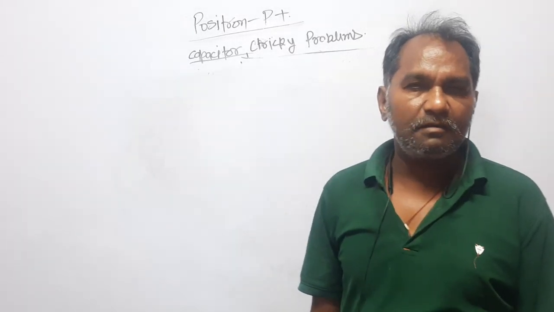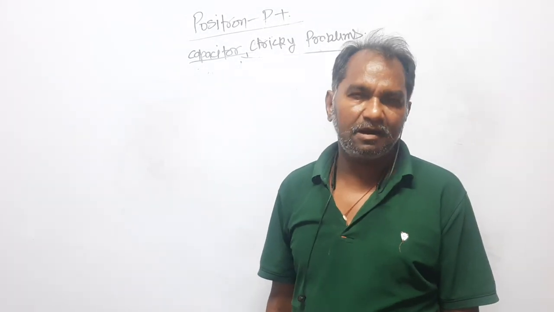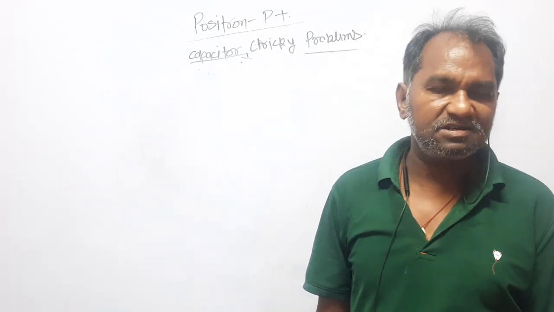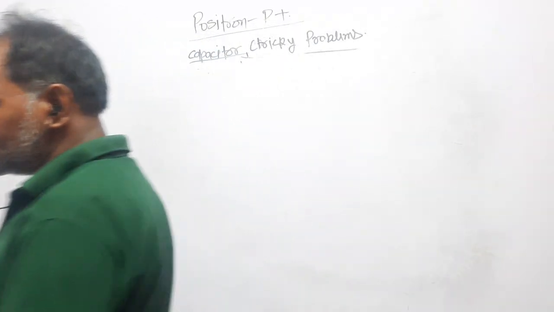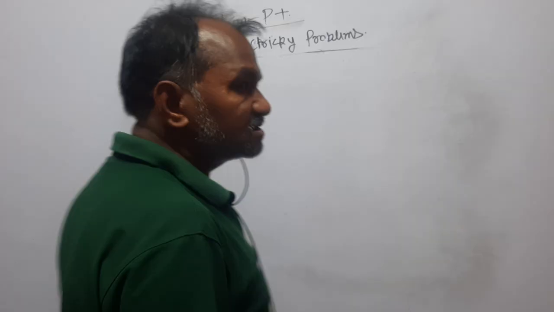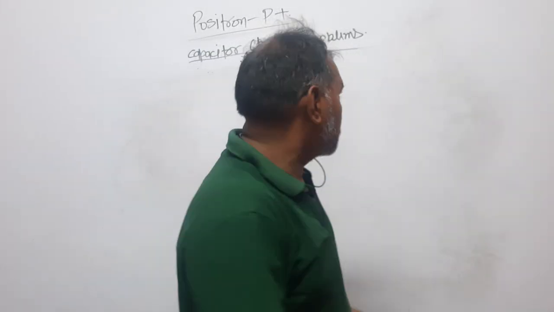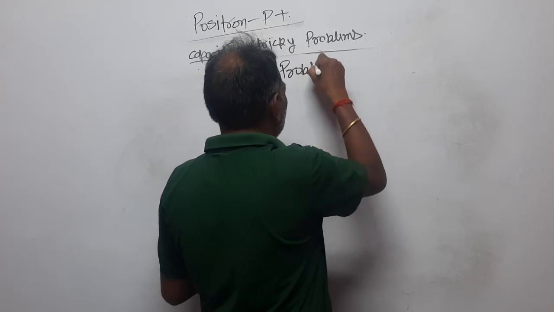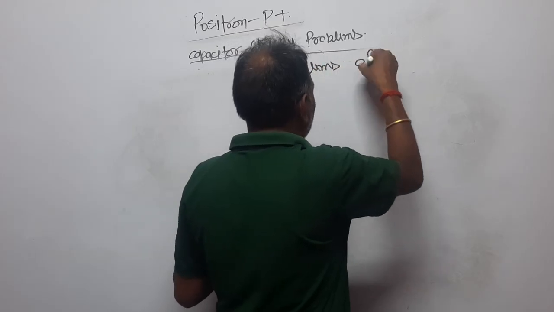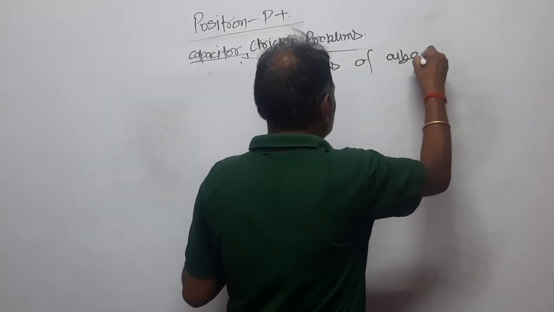Since the last few days I'm making videos on the capacitor, and I have already posted 6-7 videos, right? So today's topic is capacitors, some tricky problems, like problems based on tube capacitors.